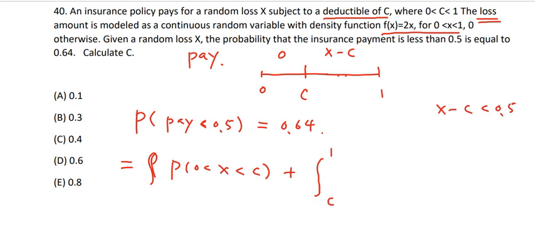So X cannot be 1, and should be larger than C, so X is less than 0.5 plus C. Then the density is 2x dx, so we just need to find that.